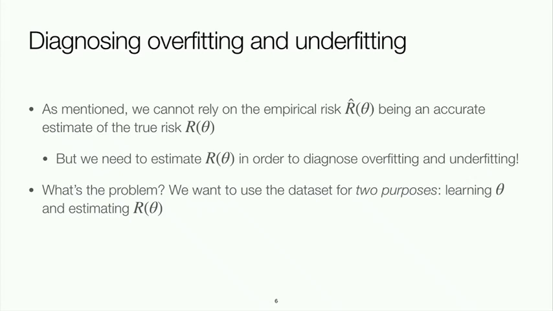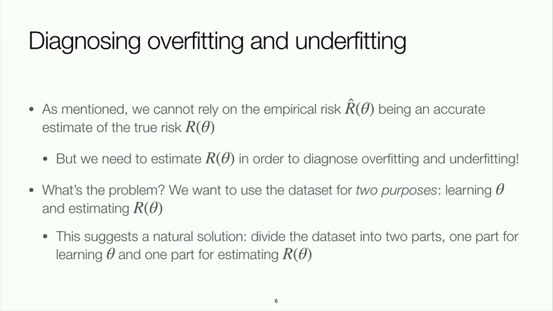But actually, from this perspective emerges a quite natural solution. If I have only one data set but I want to use it to do two things, why don't I just pretend that I have two data sets? I'm going to take my data set and split it into two parts. One part I'm going to use to learn theta. That's the part I do empirical risk minimization on.